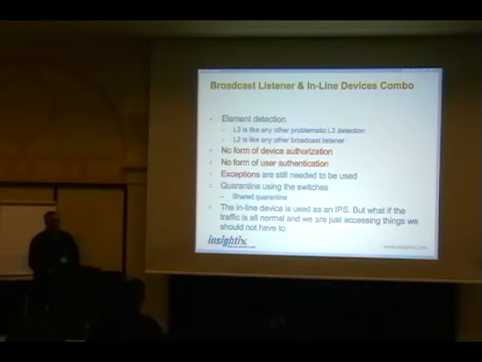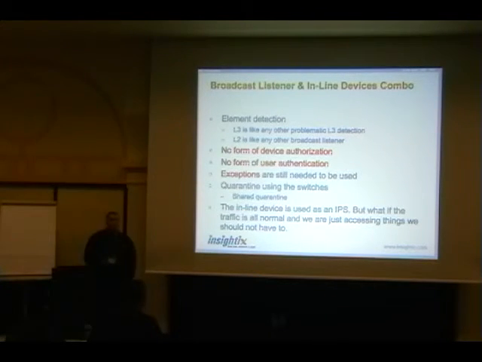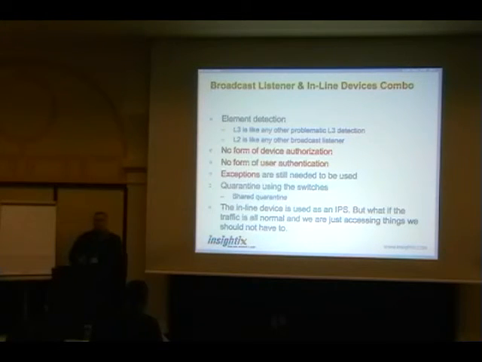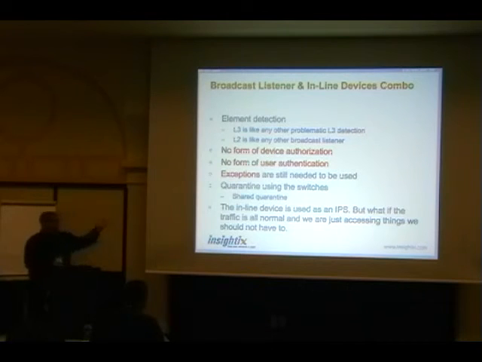So simply put, if you just manipulate your ARP requests and don't broadcast anything to the network, you're happy to connect to the network, because the inline device acts as an IPS only. It's not actually integrated with the broadcast listener. So it doesn't block access from those IP addresses it sees at layer 3 that weren't actually authorized by the local broadcast listener.